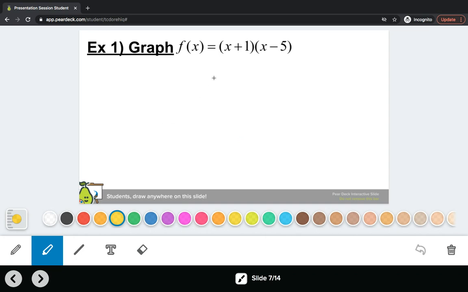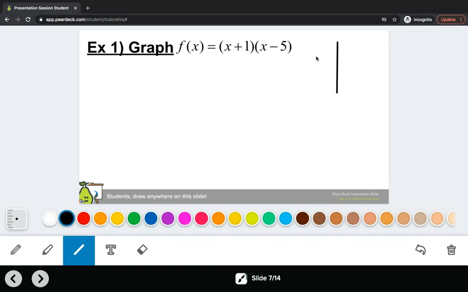So now we're going to go ahead and graph this equation here. f of x is equal to x plus 1 times the quantity of x minus 5. So notice again, it's given to us in factored form because we have two values being multiplied by each other. If I'm trying to figure out how to graph, I'm thinking, okay, where does this parabola potentially cross the x-axis? That means if I want to know where it crosses the x-axis, my y value for sure has to be 0, right?